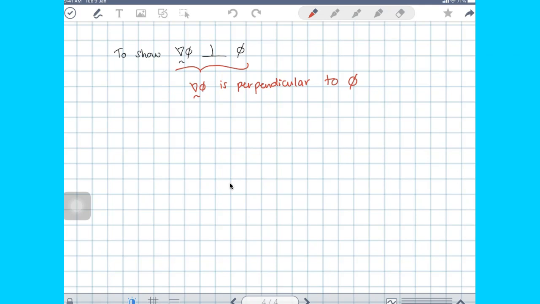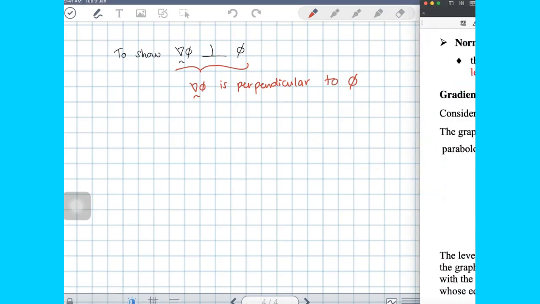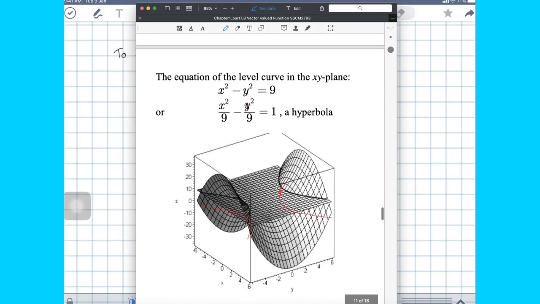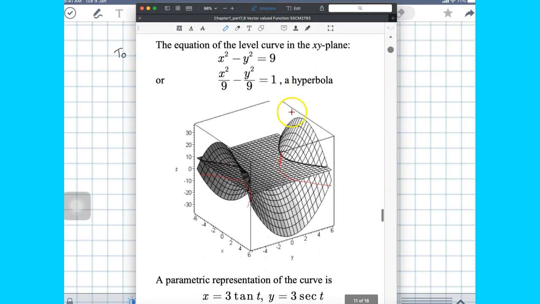Okay, so in order to show this, actually we can use the previous proof, which I showed you in the previous lesson. I'm using the level curve, right?